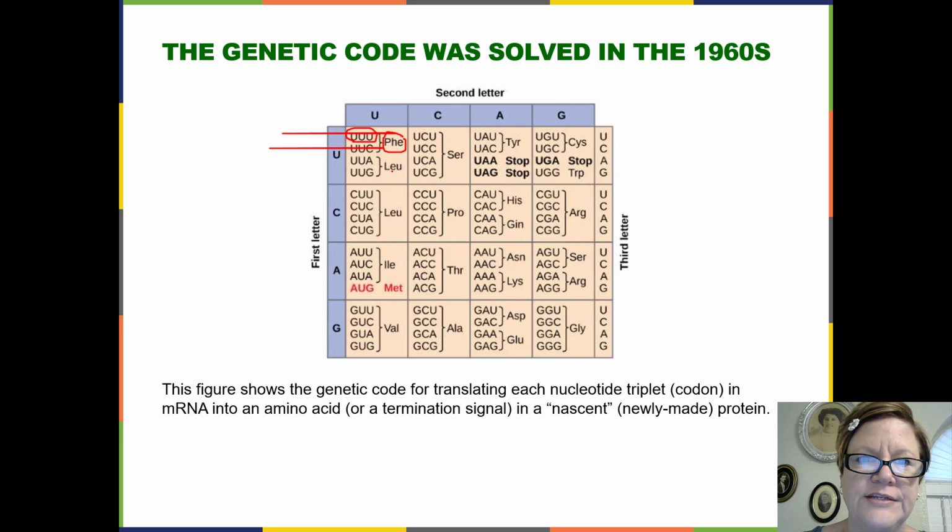PHE is phenylalanine. This is leucine. This is isoleucine, methionine. You don't have to memorize these, but these 3 letters indicate the amino acid names. They're just abbreviations for the amino acid names.